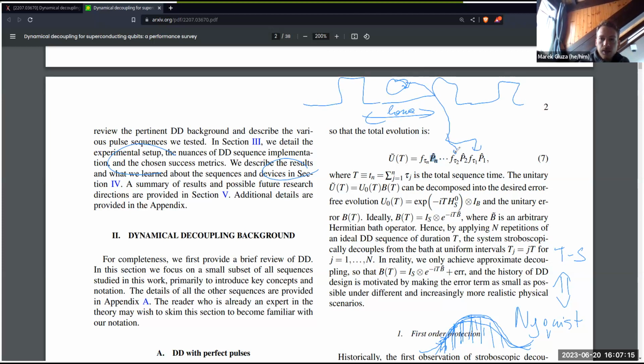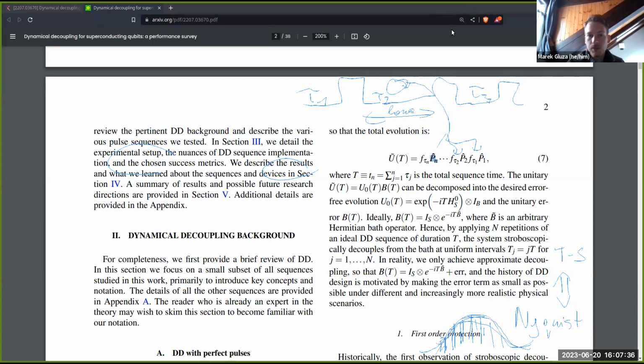So you have the idle evolution here for the duration of tau2, tau3, or whatever, those durations here. You need to include that because maybe you're not always pulsing, and maybe you actually want the system to be able to evolve sometimes on its own. Just let it be sometimes, right?